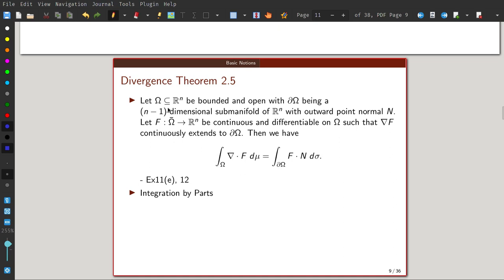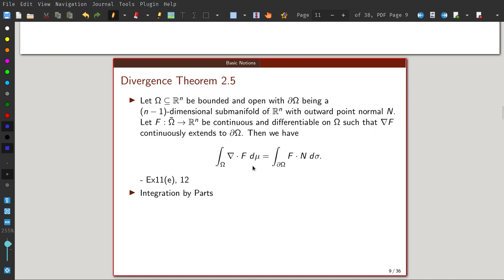So if you start off with an open and bounded set in Rn, and its boundary is a submanifold, then you can choose an outward pointing normal, n. So this is a vector that is perpendicular to the surface and unit length. And then we have this relationship between the two things.